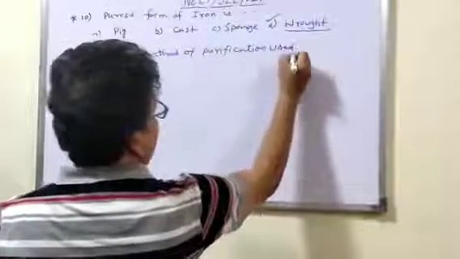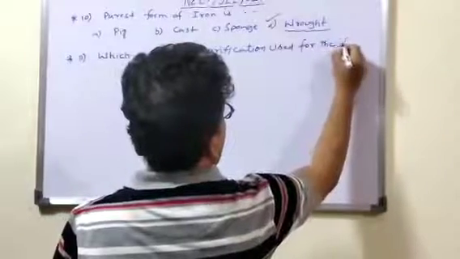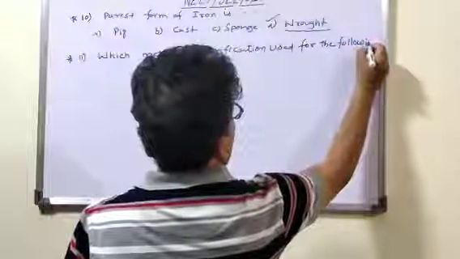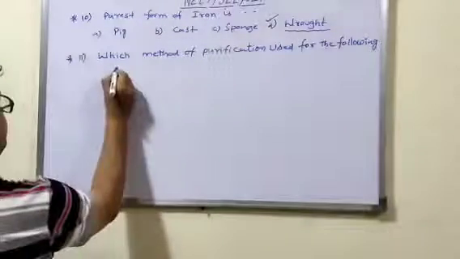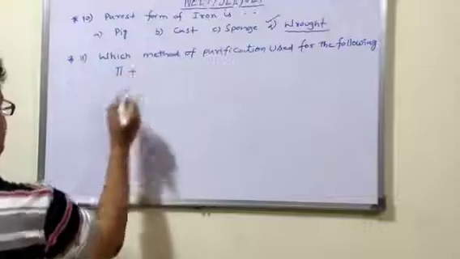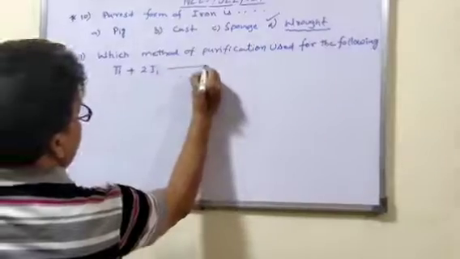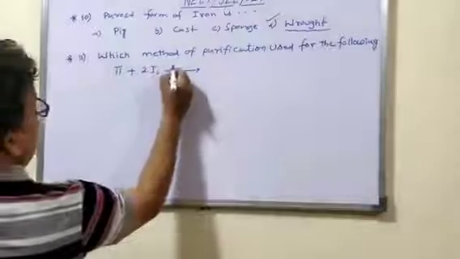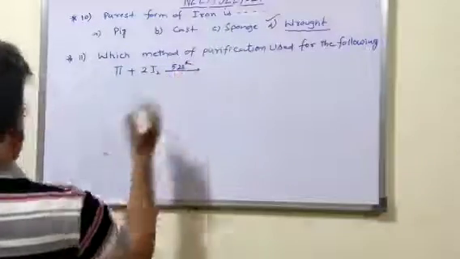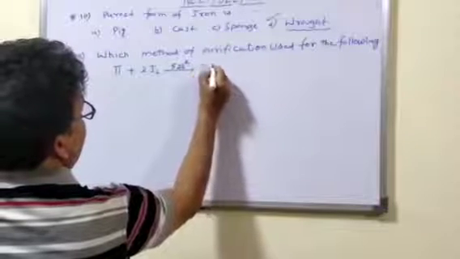used for the following purification method we have to use. The given equation: titanium plus 2I2 giving rise, at 523 Kelvin temperature, to titanium tetraiodide.